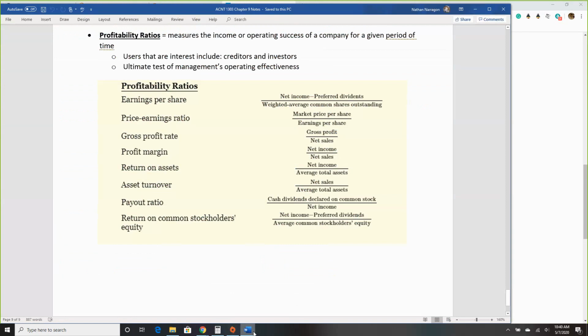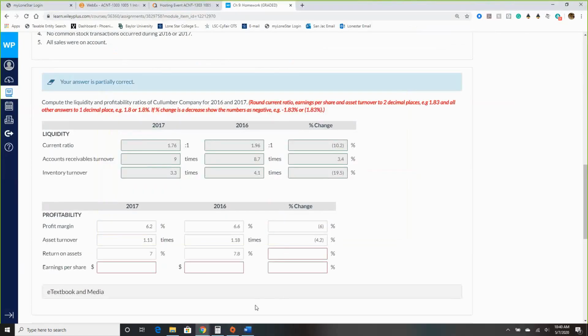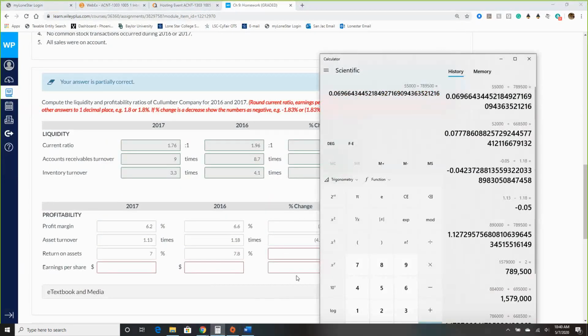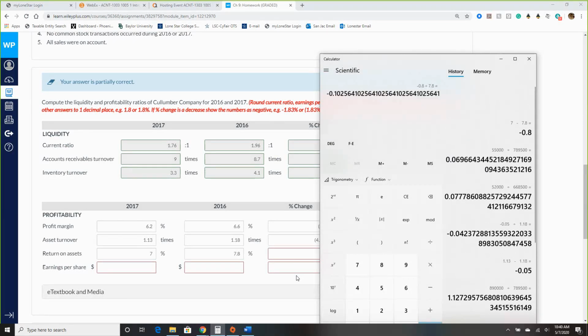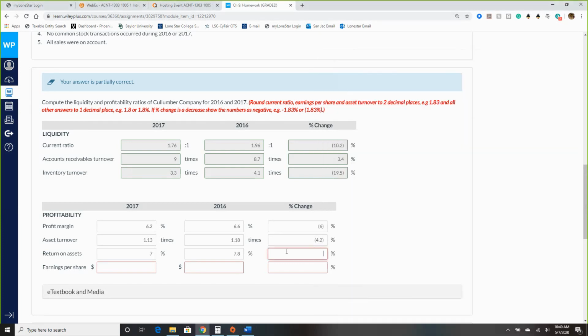Okay. So again, 7 minus 7.8 divided by our base, basically 2016. It kind of reduced by about 10.3%.